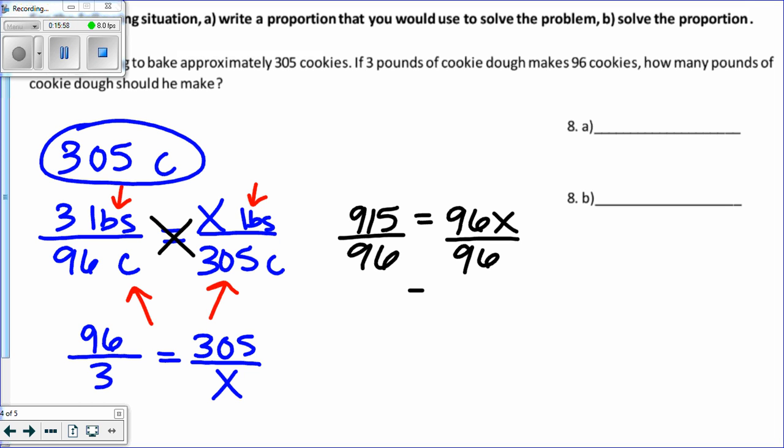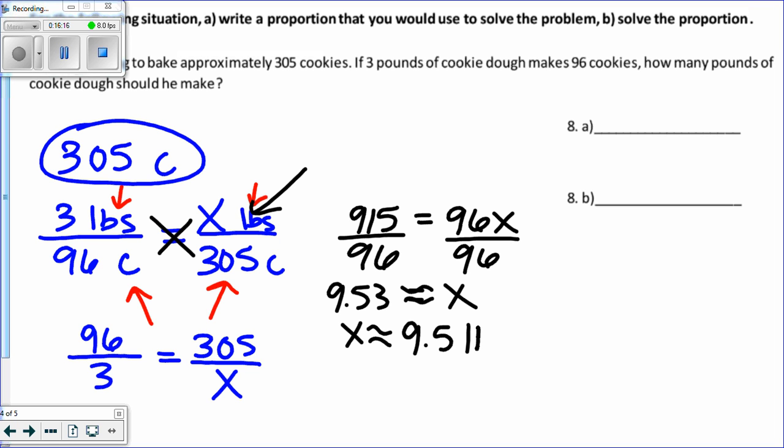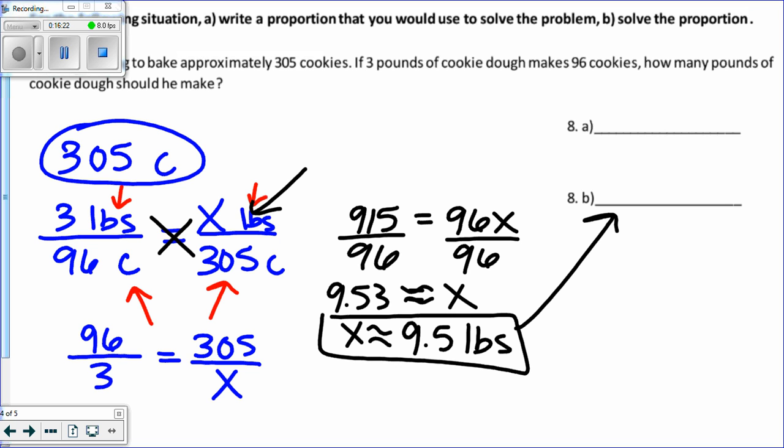And we find that x is approximately 9.53. But we let x stand for something that was talking about pounds, so we're going to round. x is about 9.5 pounds. So this answer goes here.